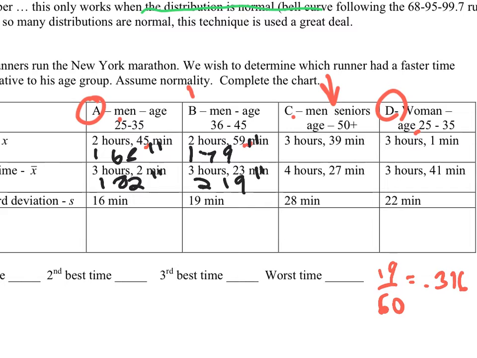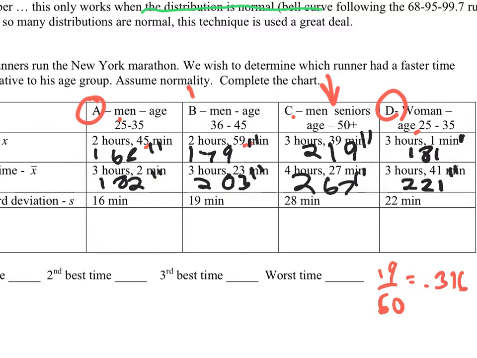The senior division, 3 hours is 180 added to 39, that's 219. 4 hours and 27 minutes would become 4 hours is 240, so 267 minutes. I never did runner D. 3 hours and 1 minute would have been 181.